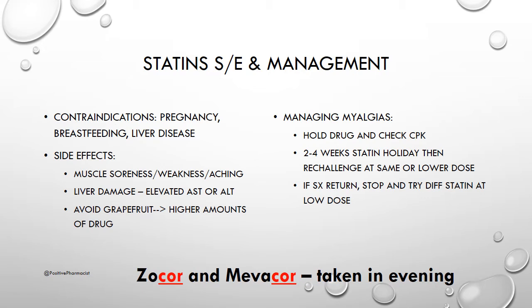Liver damage can also occur. We'll see possible liver damage, for example, if the patient sees a yellowing of the eyes or skin. That's a sign that the liver could be damaged, with elevation of the liver enzymes such as AST and ALT.